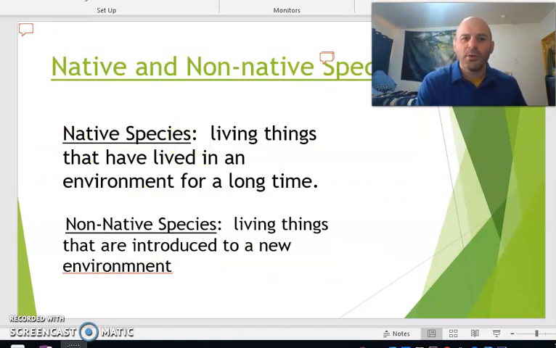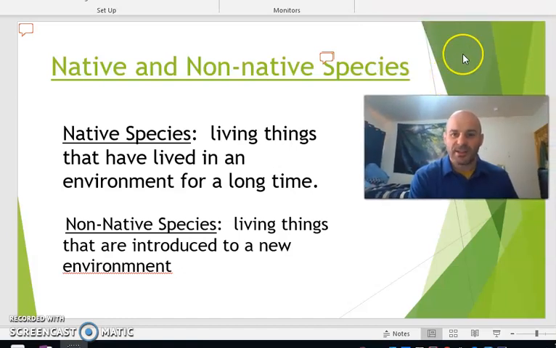Okay, so what do you think would be a good definition for an invasive species? In our example of the island, there are two things we need to really be clear on before we can fully give a good definition for an invasive species. On our island, the animals and plants that have lived there for a really long time we would call the native species.